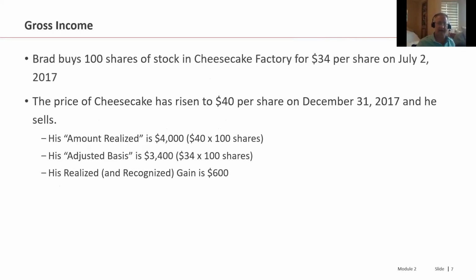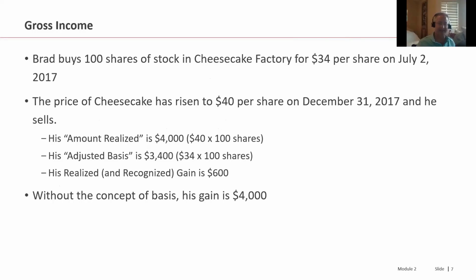The amount realized is 4,000, another magical tax term, amount realized. His adjusted basis is 3,400. That's the amount he spent. Under the return of capital concept, he doesn't have to include that 3,400 in his income. As a result, his realized and thus recognized gain is $600.